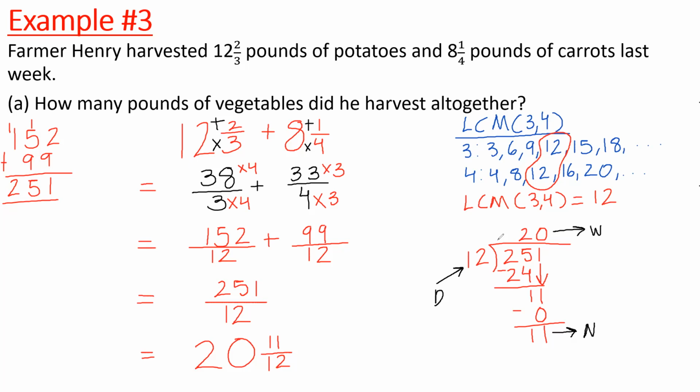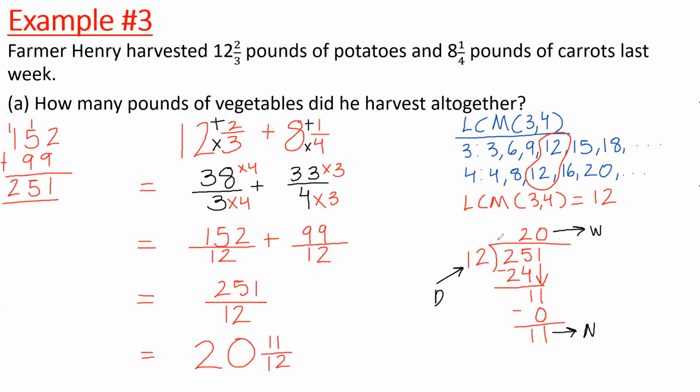Then we times 3 times 12 plus 2. And then we do the same thing with 8 and 1 over 4. Then our answer will be 38 over 3 and 33 over 4. And then we have to find the lowest common multiple. So the lowest common multiple in this case would be 12.